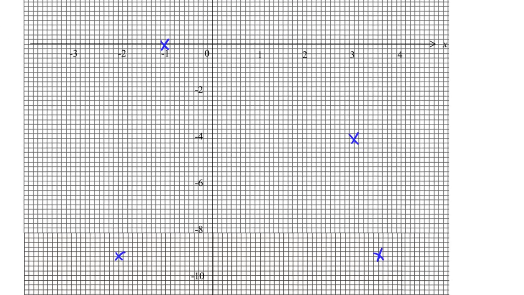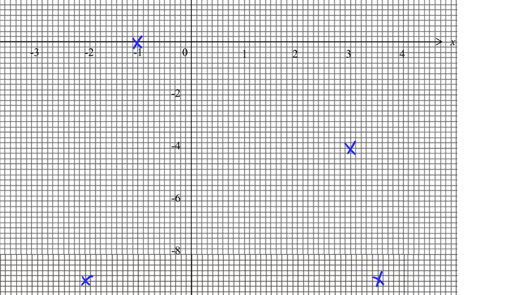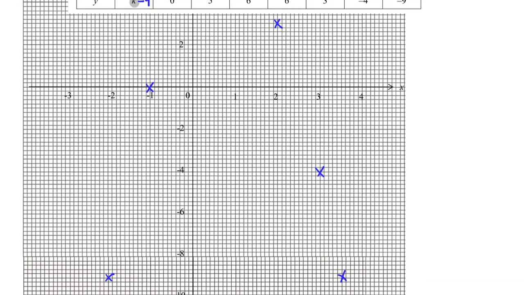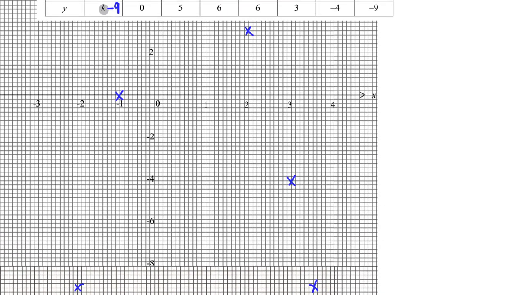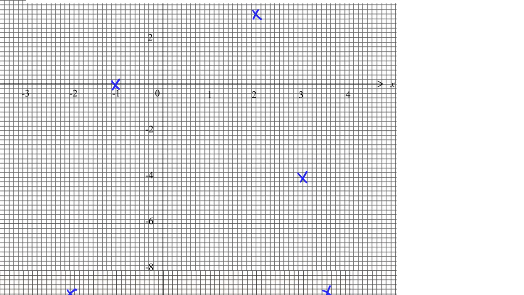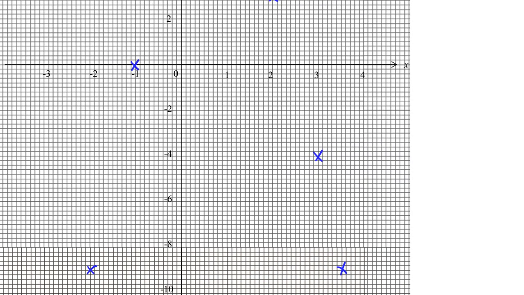Okay, so I'm going to do it slowly. At this point, I just need to connect it up, down there. Slowly but surely. Let's continue to draw this graph.